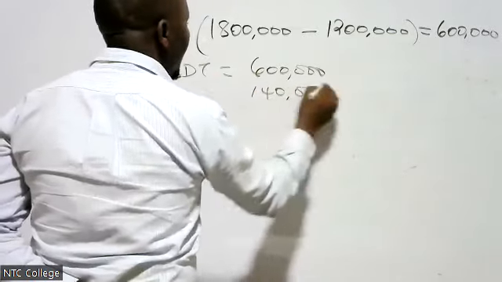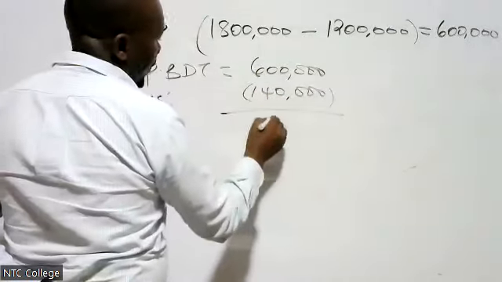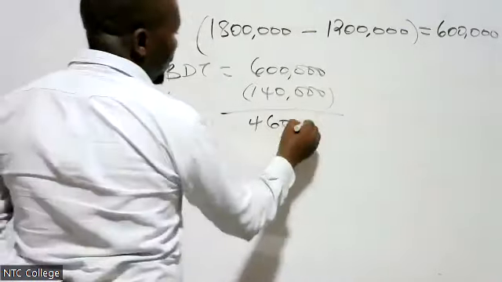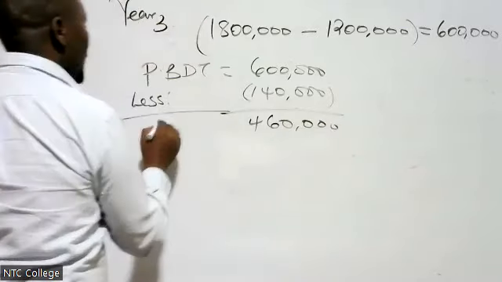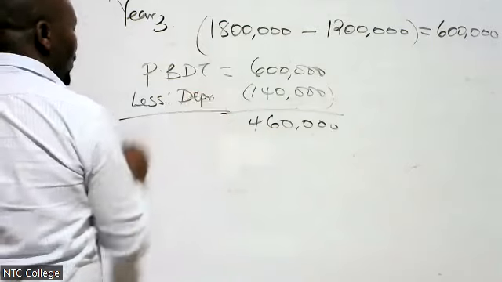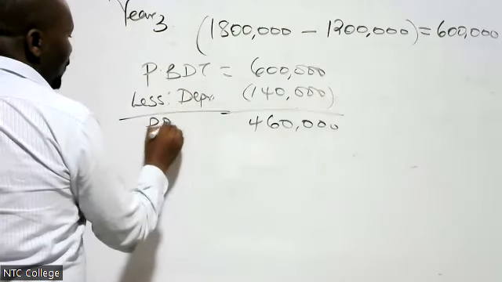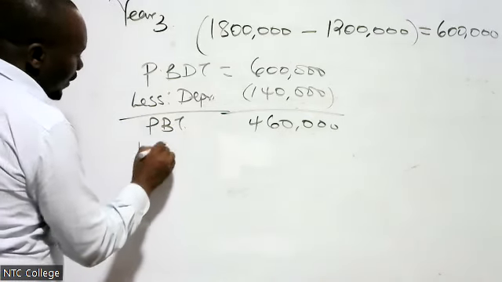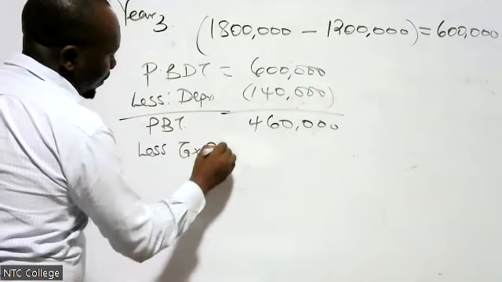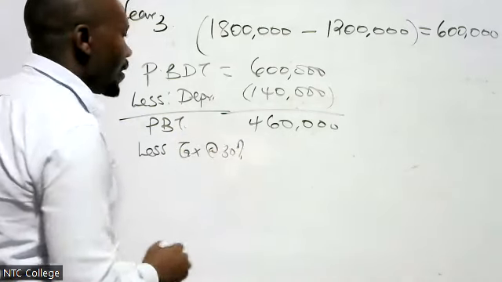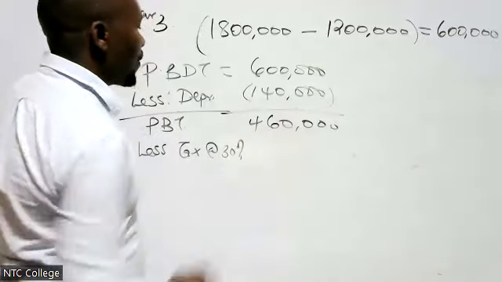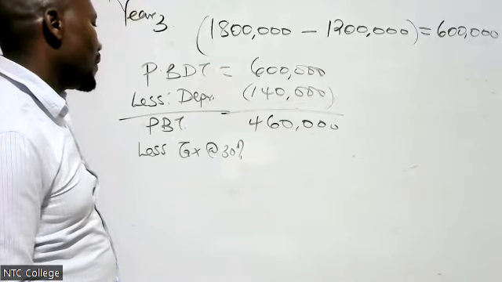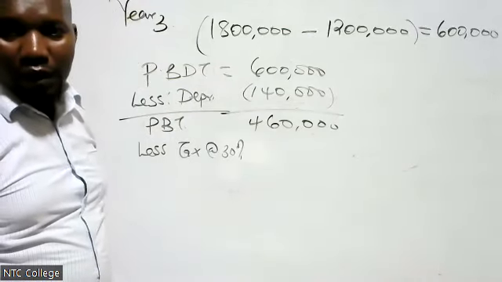How much is that? That is 460. Confirm. So that is profit before tax now. Then we have less tax at 30%. How much is 30% of that? That is 138. Can somebody calculate for me tax at 30%?